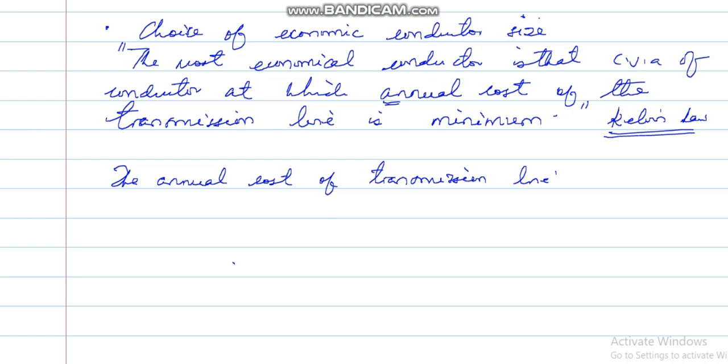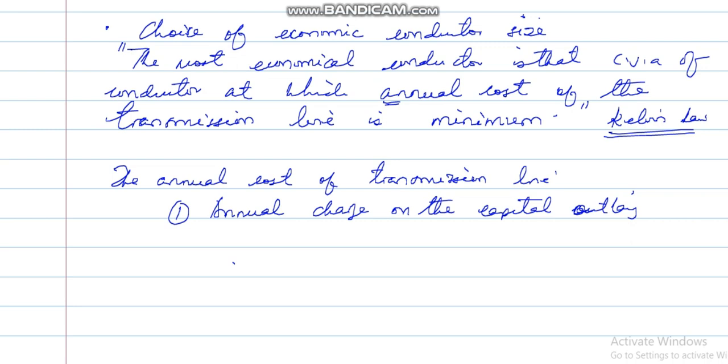So the annual cost of the transmission line tunaweza kugawanya katika sehemu mbili. Ya kwanza ni annual charge on the capital outlay. The term annual means 1 year, okay? Na the second part ni annual cost of the energy wasted.